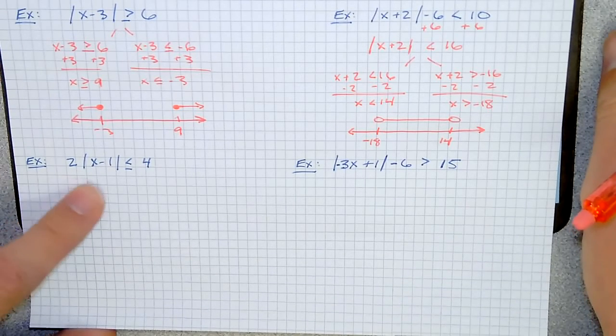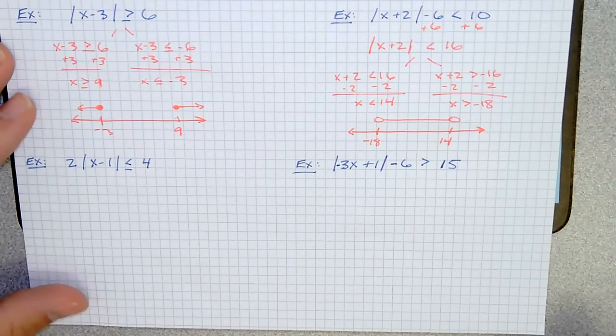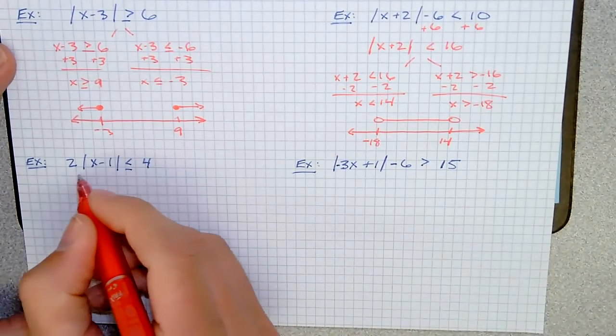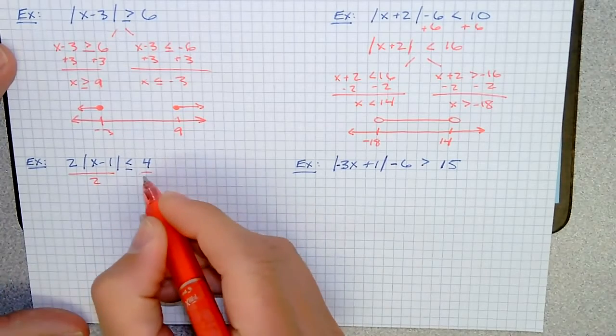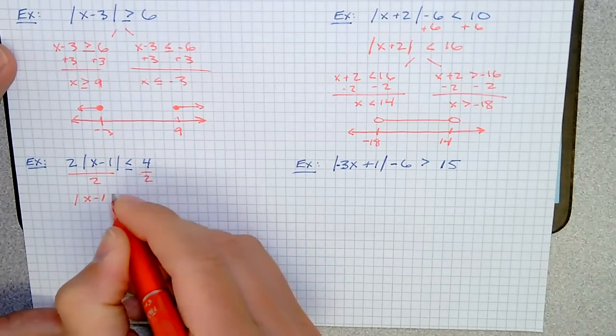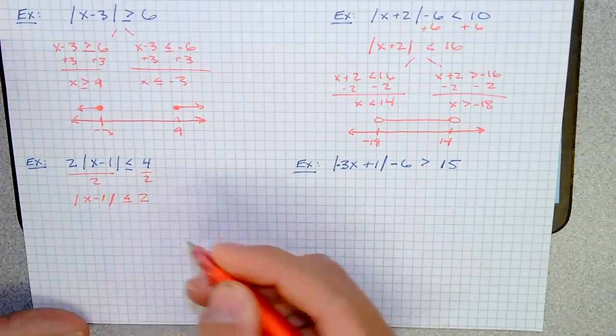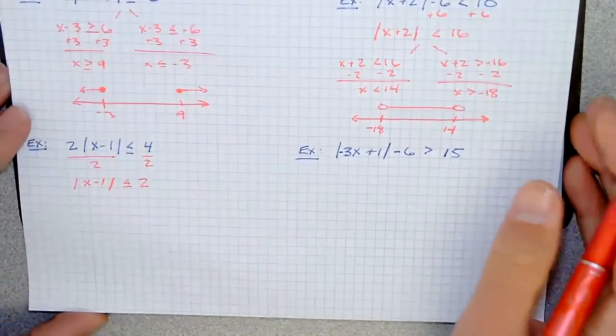All right, third one here, 2 times the absolute value of x minus 1 is less than or equal to 4. Got to divide both sides by 2. Do I flip the sign? No, right? We're dividing by a positive, we don't flip the sign.